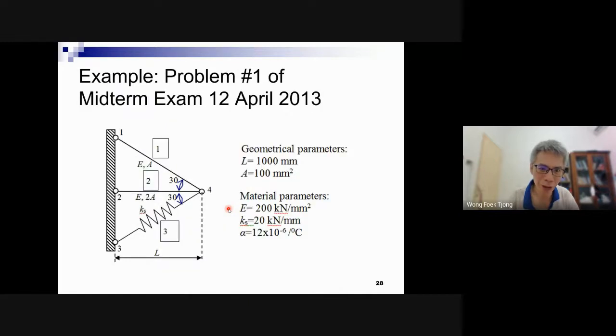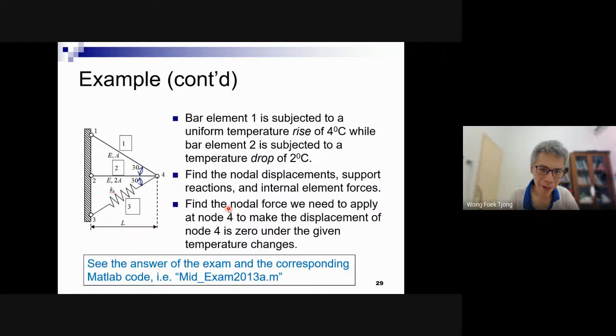What's the loading? Bar element 1 is subjected to a uniform temperature rise, maybe due to sunlight. There is an increase in the temperature of this one due to sunlight. Maybe this is a part of the roof.